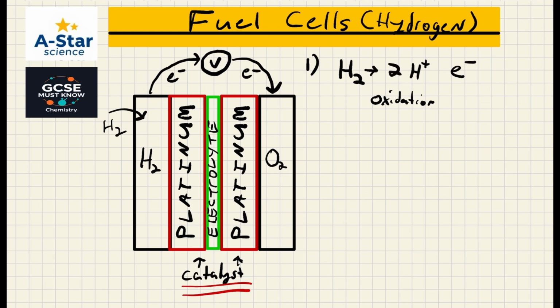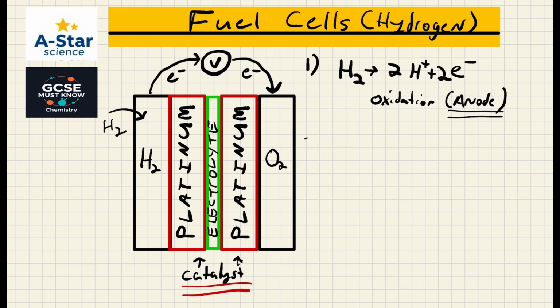Because there are two on the left, that means there are two electrons as well. So this is our oxidation reaction. The anode is where oxidation happens. The anode is our negative electrode, and this is where the electrons are coming from.